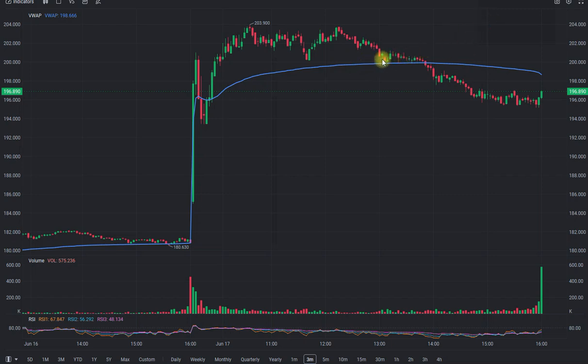You can enter within the range of the box and place your stop loss under the VWAP. You lose money. I mean, you don't lose a lot, you lose almost nothing, but you do lose because the trend changes. It's no longer to the upside, and now the stock is moving lower basically from 12 noon until 4 p.m. So the ability to make money here is super limited in this otherwise big mover.